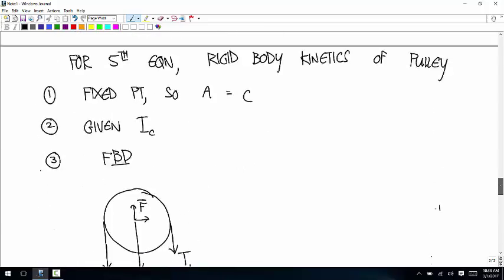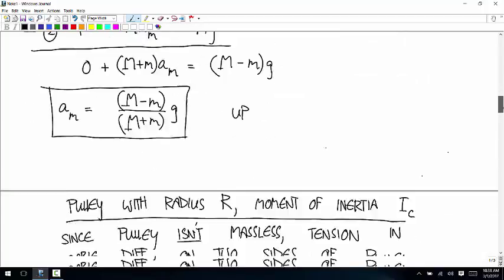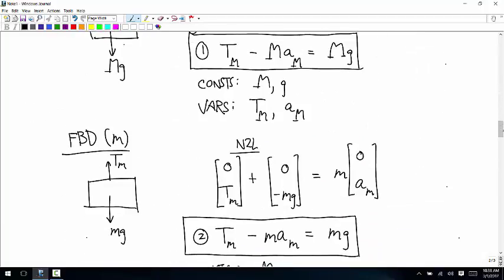Equation 1 says T sub big M minus big M A sub big M is equal to big M G. And I'm going to substitute in little m for A big M there.